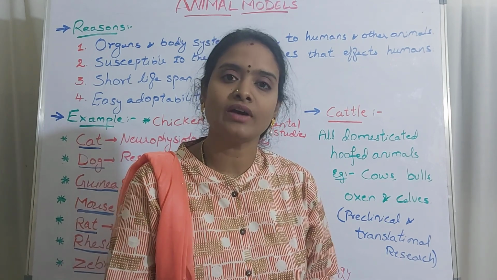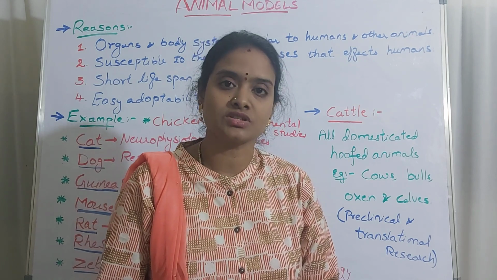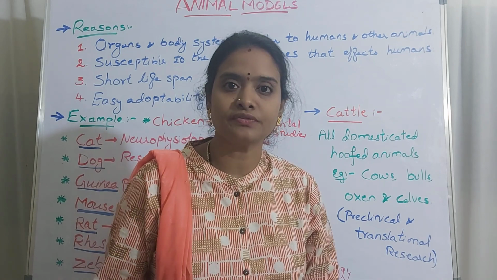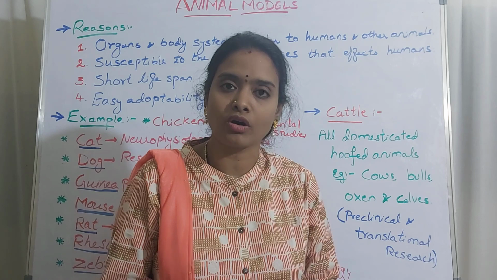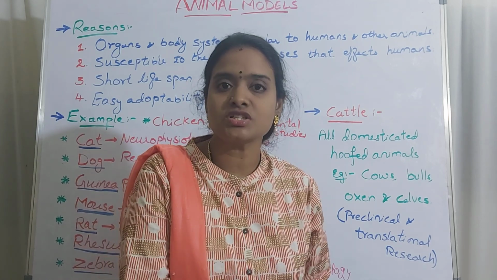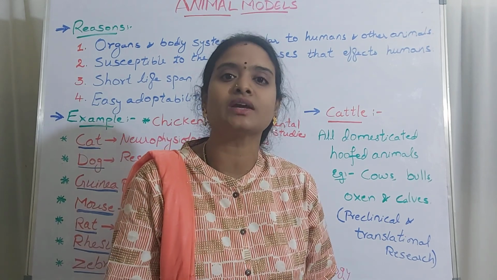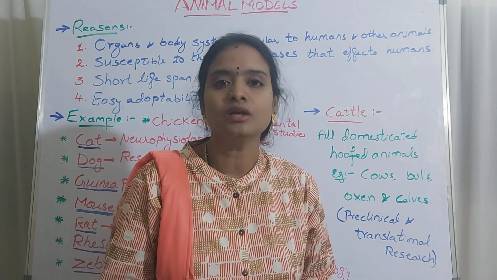Now if you have an aquatic animal and a terrestrial animal, you can't do research on the aquatic animal which is useful for the terrestrial animal. That means you want the same organ and body system build-up in the research animal also. That means the animal on which you are going to study, on which you are going to make a trial, must also have the same organs and body system.